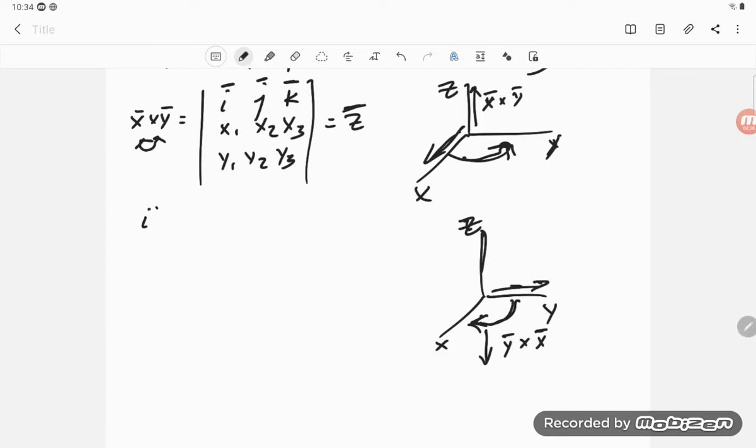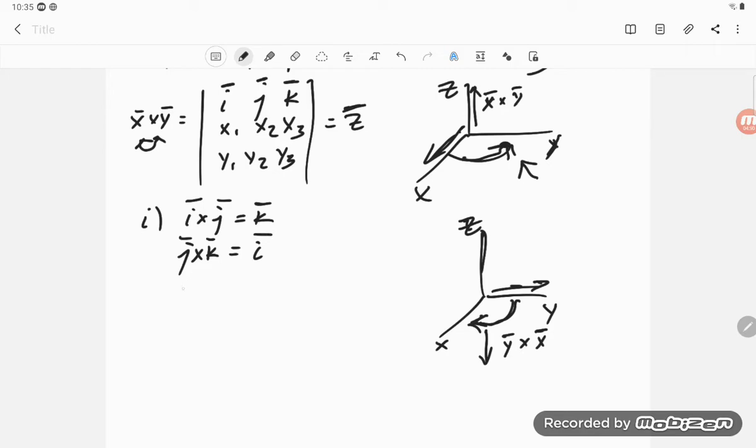Property I is that i cross j, okay, so that's the x-axis and y-axis standard unit vectors, you get k, and that's really the picture I was showing there. And then if we take j cross k, we get i.